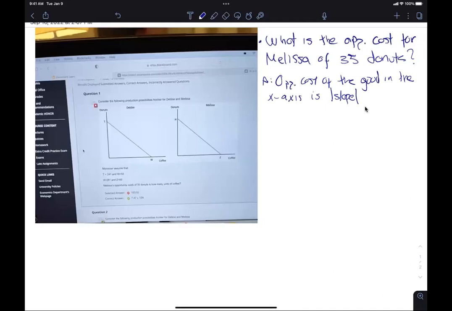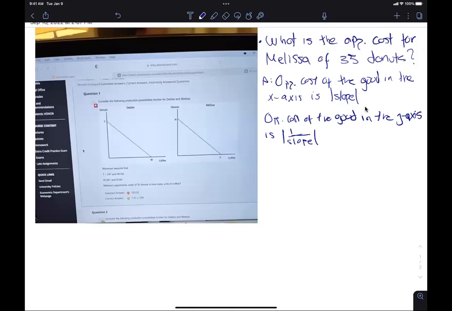The opportunity cost of the good in the y-axis is 1 over the slope. I apologize for the handwriting, this is very slippery. These two rules are the ones that I need to remember.